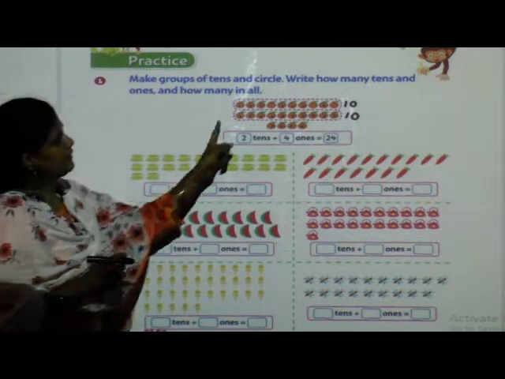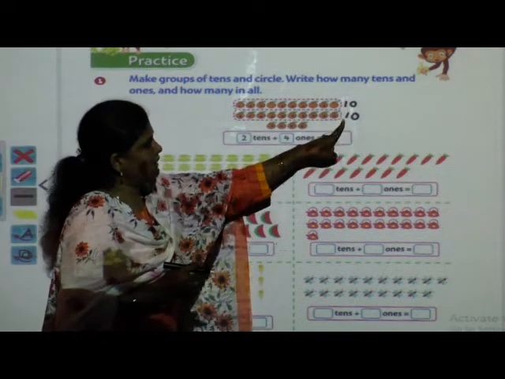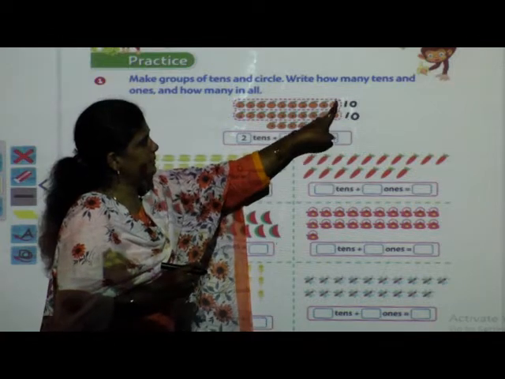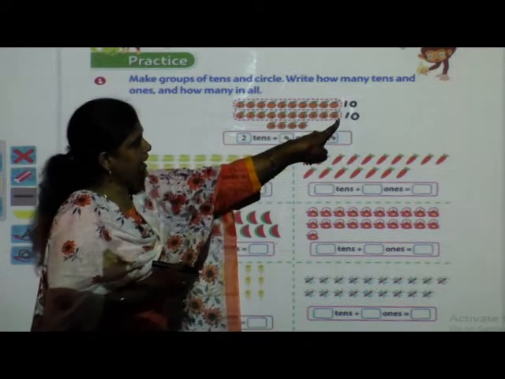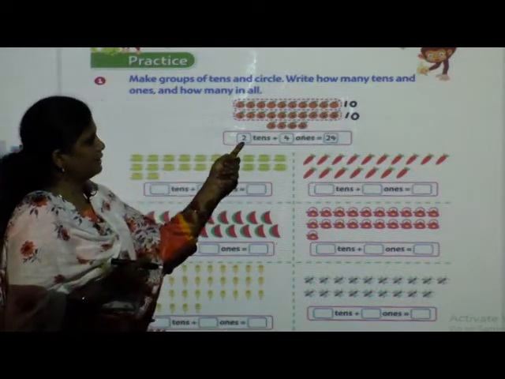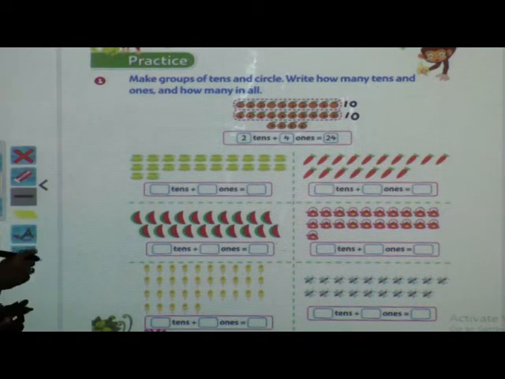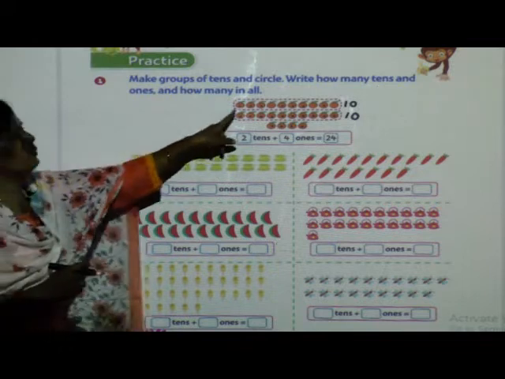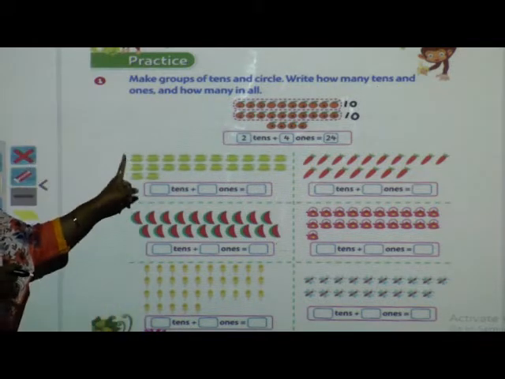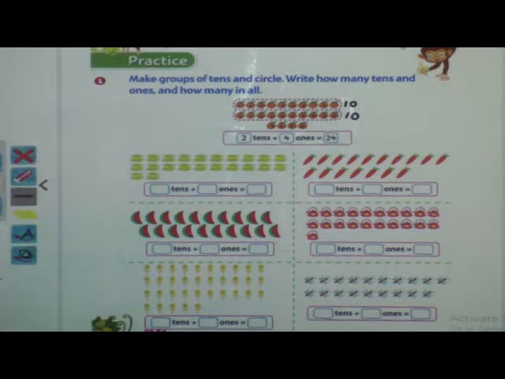Whenever there is a bundle like this, 1 bundle, 2 bundles, in these bundles 10 are there. So here we have written 2 bundles. Like this same we have to do here. To make it easy, we will put a dot like this and we will make the bundle of 10 first.